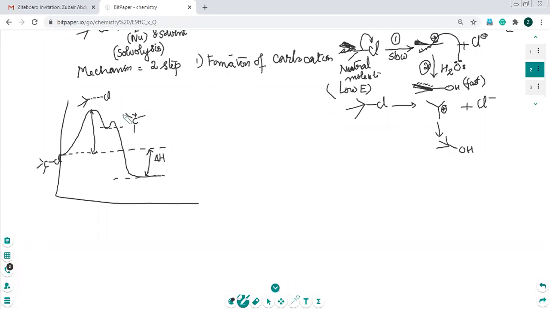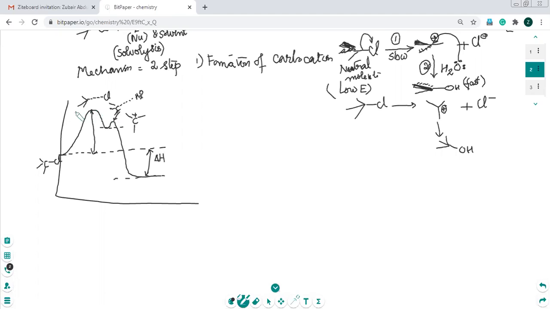And now here, this is transition state 2. So what is that? It is this one. The nucleophile is coming and attacking, and that is this transition state.